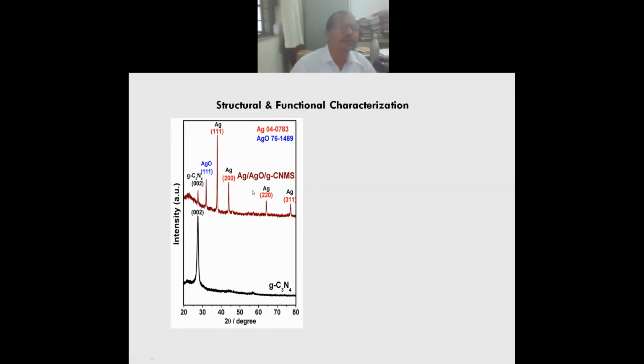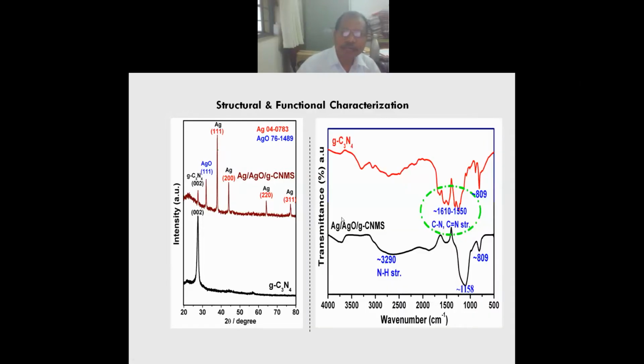This is for the composite AgO loaded g-C3N4, which shows the peaks of g-C3N4 along with AgO and Ag. Then this is the FTIR spectra, which shows the presence of carbon nitrogen stretching as well as carbon nitrogen bonds present in g-C3N4. A similar kind of peak is seen again in the composite.